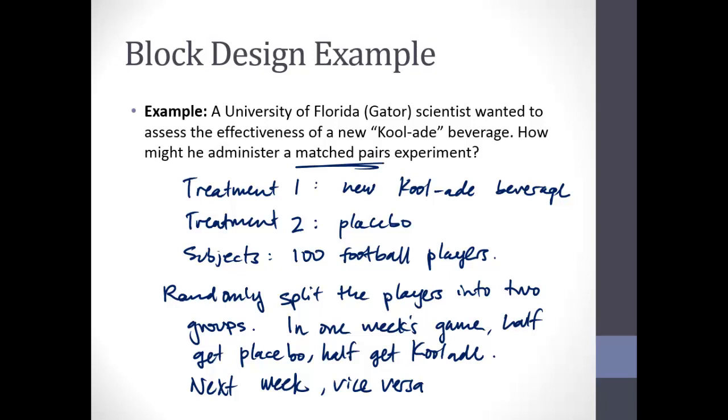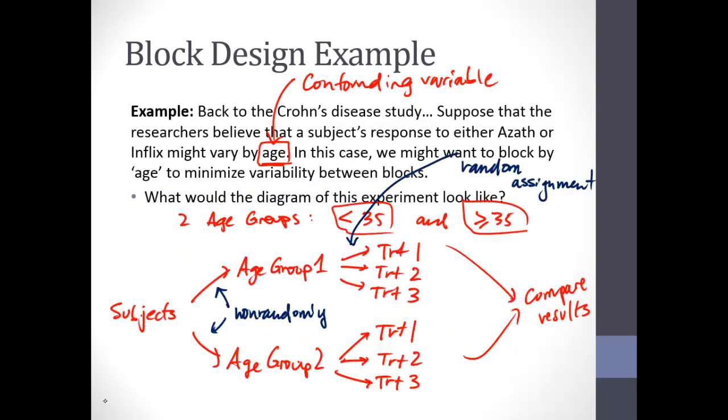But the most important thing to keep in mind is that I randomly split my people into groups of 50 into two groups, and then I would want to keep those same groups for the next week, right? So I've randomly assigned who gets the Kool-Aid, who gets the placebo in the first week, and since I want each person to have both things, I need to switch those groups for the second week. So it could look kind of like this.